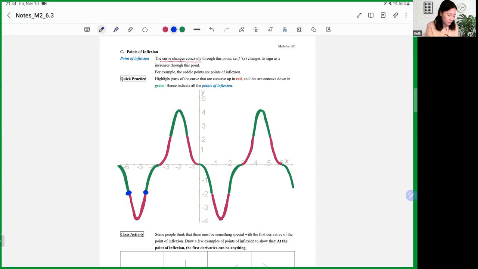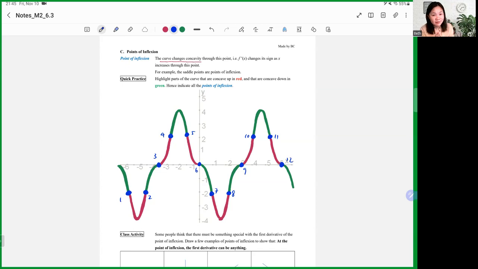Concave up, concave down. And here, this one. Concave down, concave up. These ones. So I have 1, 2, 3, 4, 5, 6, 7, 8, 9, 10, 11, 12.